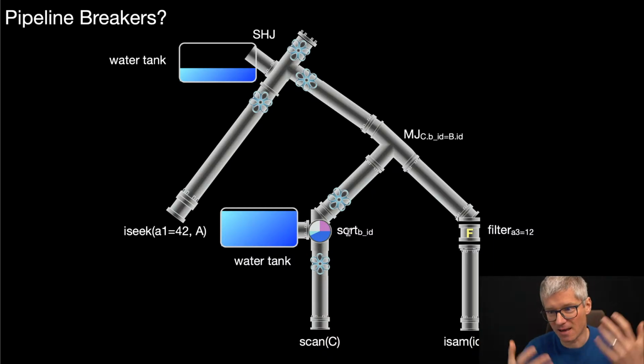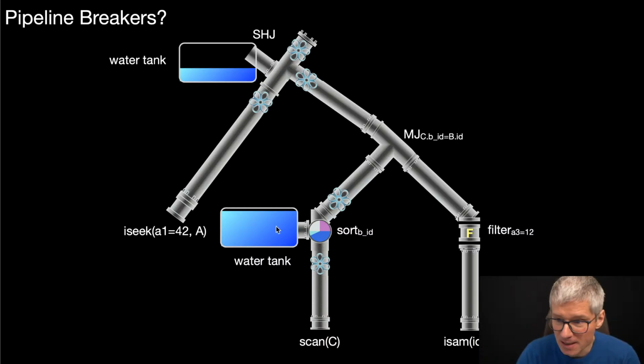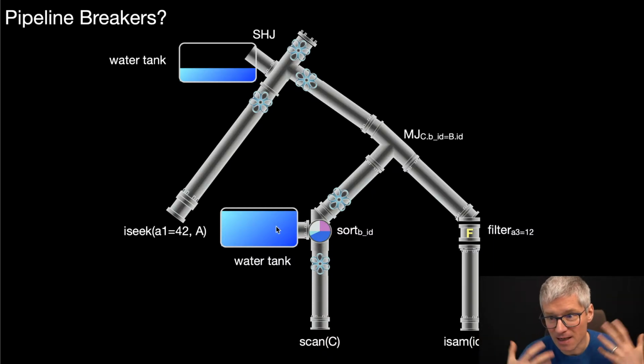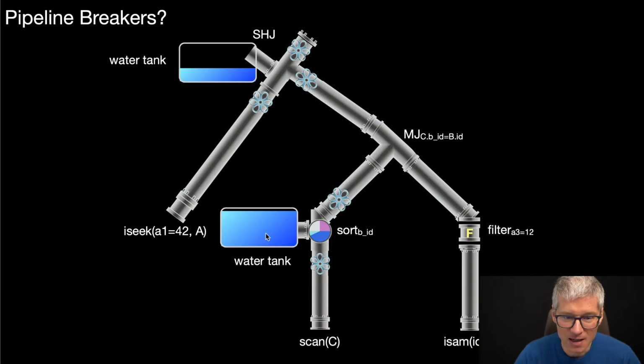If this were water, it has to create a big water tank where all the data is put and stored until you have seen the first minimum element. So this is really blocking the pipelining property we were expecting. You can't pipeline anything up until you have seen everything here.